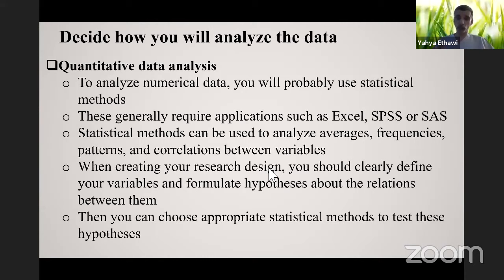And remember, the variables are of two types: dependent and independent. Always remember that. When you create your research design, you should clearly define your variables and formulate your hypothesis, the relation between them, so it's easier for you to test it when you have your numbers, because the selection of the test depends on the hypothesis and the type of your variables.